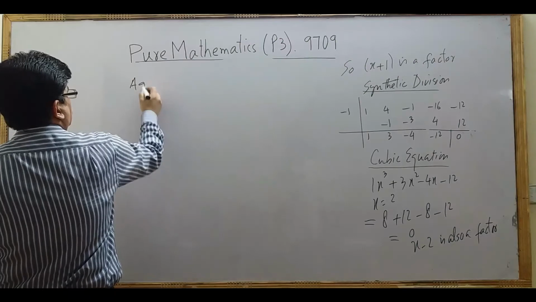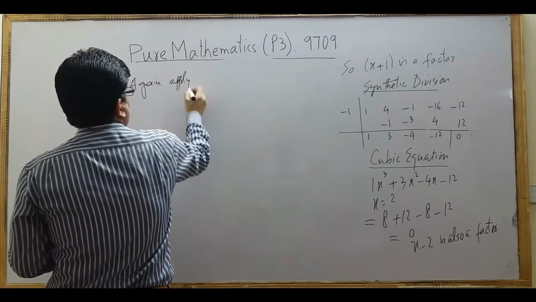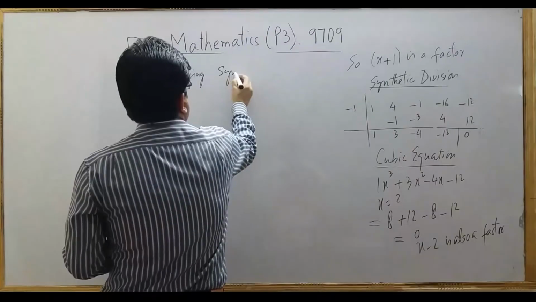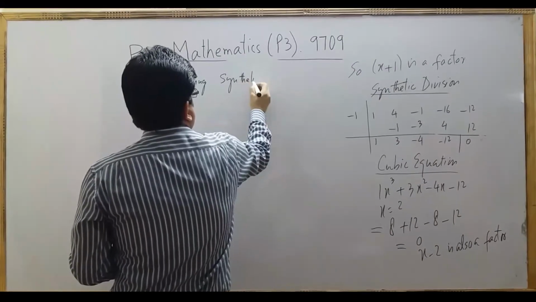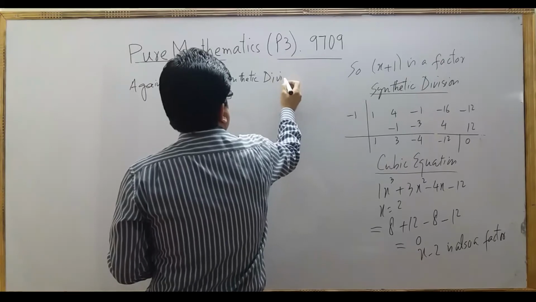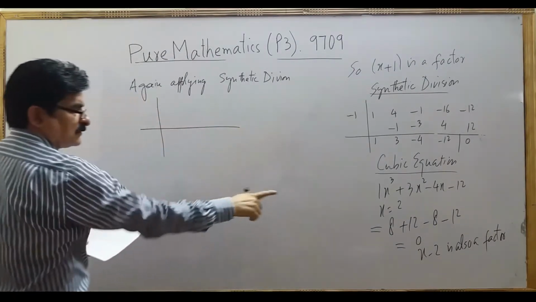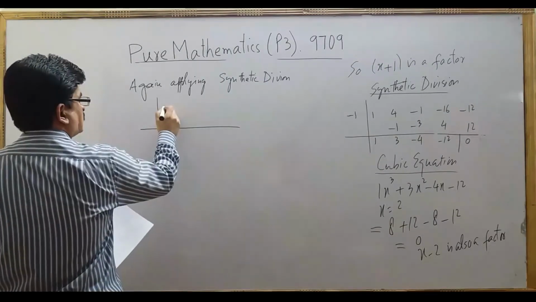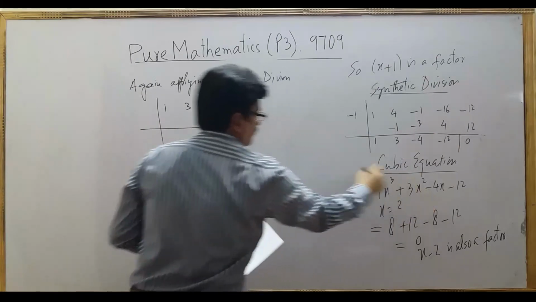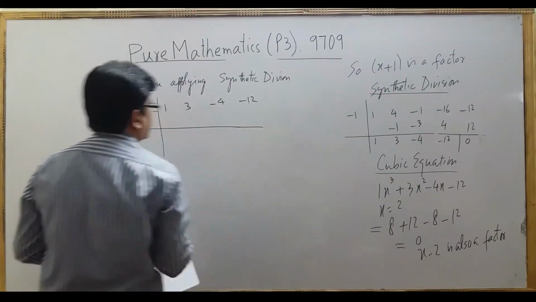Now again applying synthetic division. We have coefficient of x cube as 1, x square 3, minus 4 and the constant minus 12.